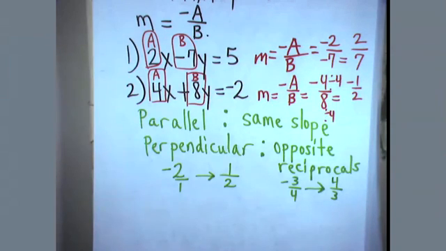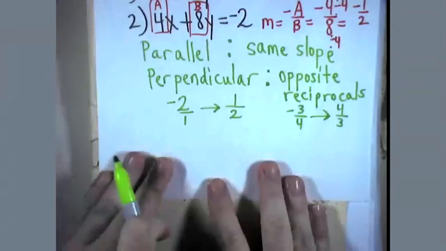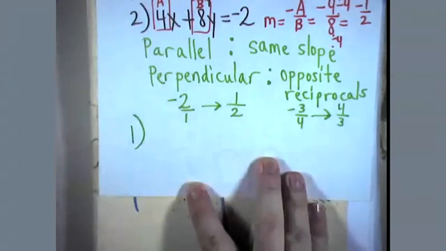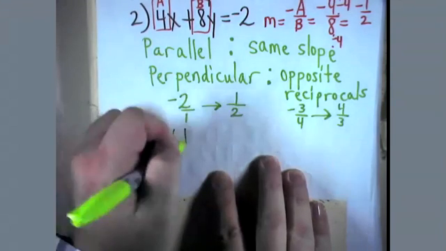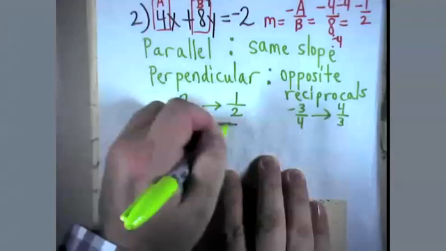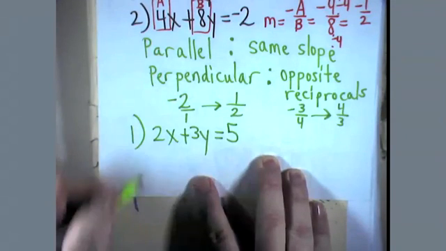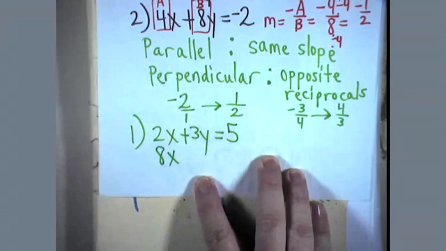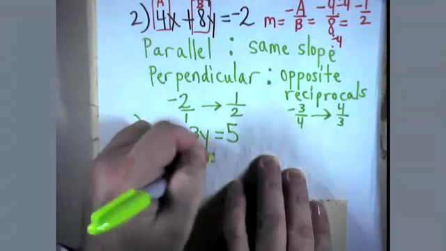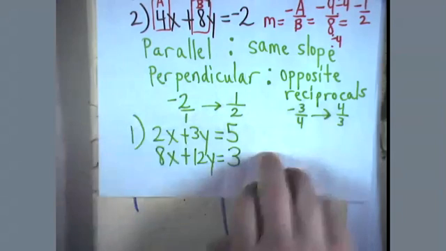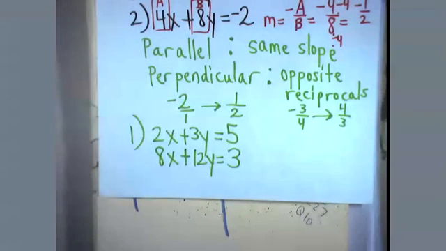Let's look at one system of equations and determine how these lines behave. Again, you don't have to get y by itself or put it in what's called slope-intercept form. Because each line is in standard form, we can use our shortcut slope formula.